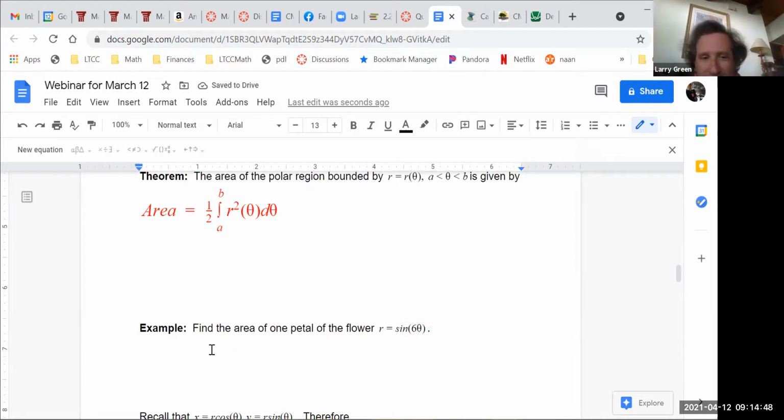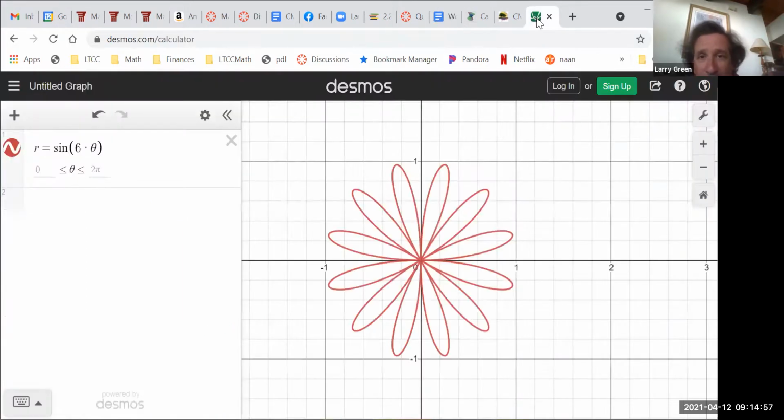Okay, so the question is, find the area of one petal of the flower r equals sine of 6 theta. And we saw, here's our picture. So we got the sine of 6 theta, and we want the area of this petal right here. And again, once you get the area of one petal, multiply by 12, and you get the whole flower. Any questions on the question?